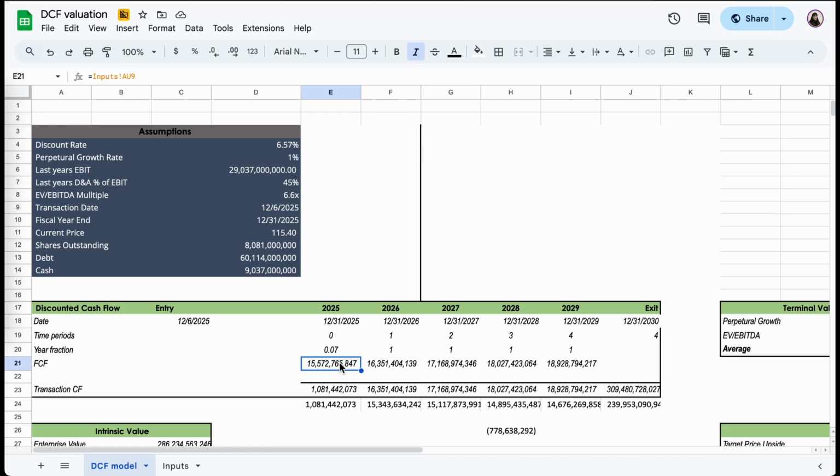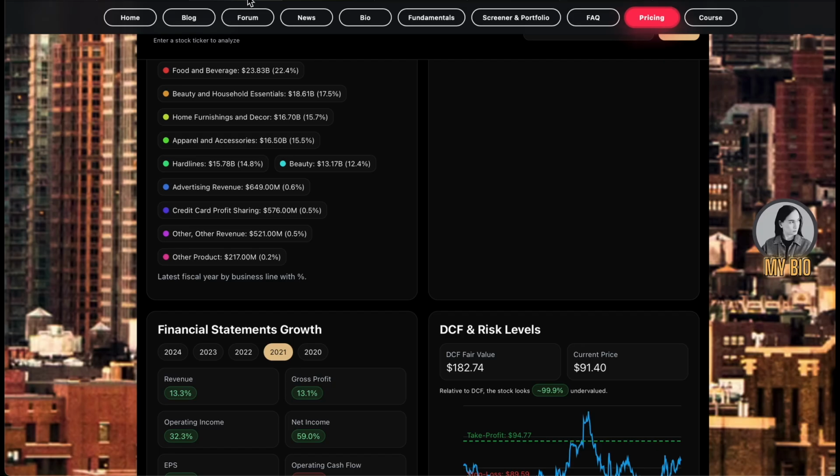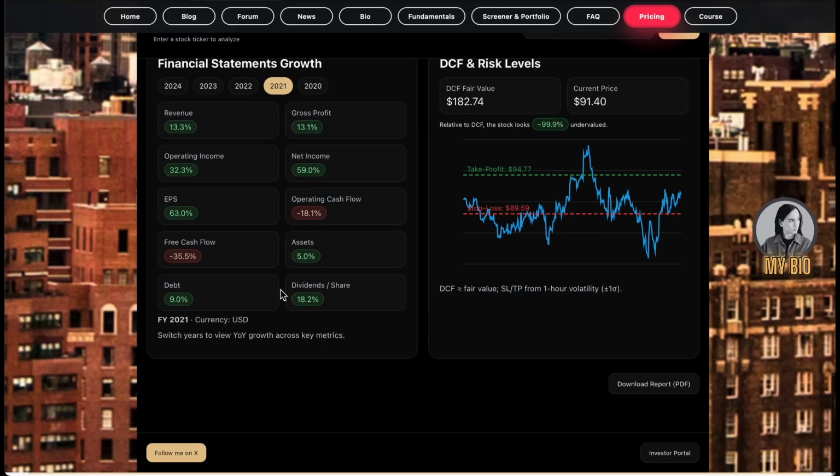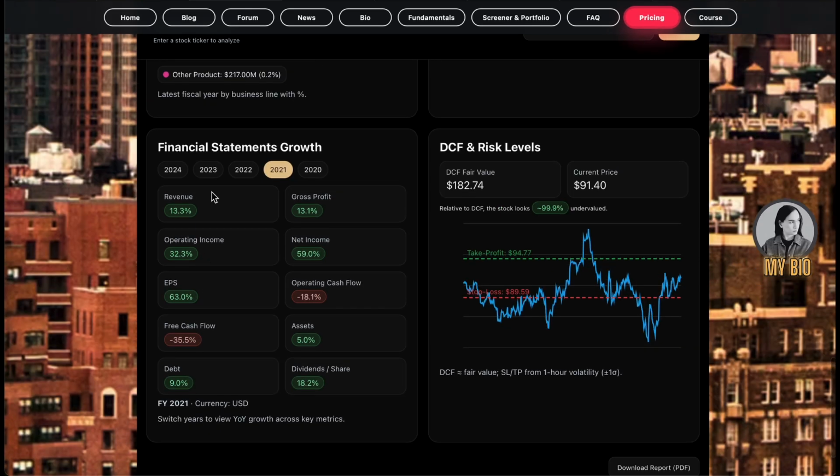For example, someone believes the free cash flow will be rising. Maybe company management is saying the next year free cash flow will be this amount, rising 5%. Or you can use this controller, and you see the free cash flow rise. You can take the average rise based on the 5 years and apply this rise to the next year, and this is how you can forecast the free cash flow.